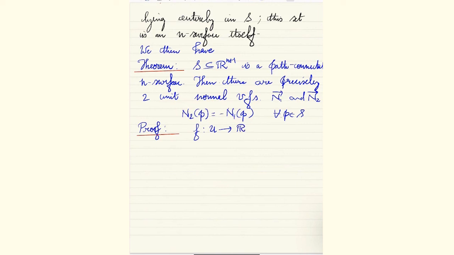There is something normal already, because f is a regular hypersurface, so the gradient vector field is not zero for every p.